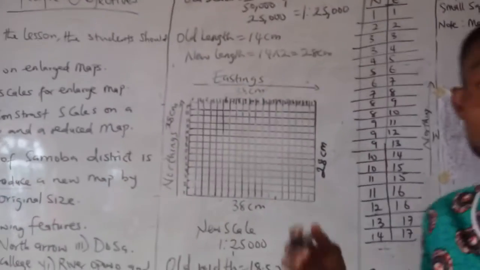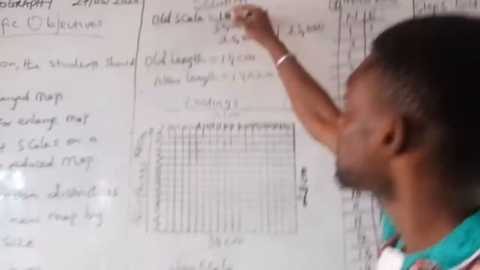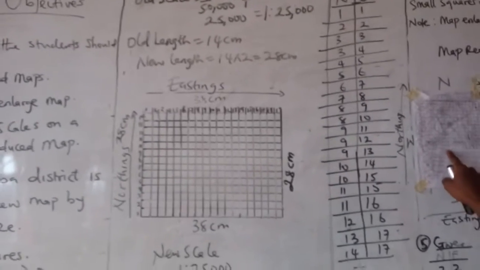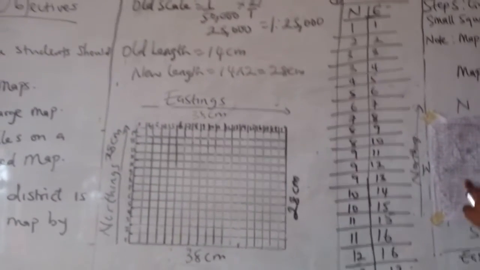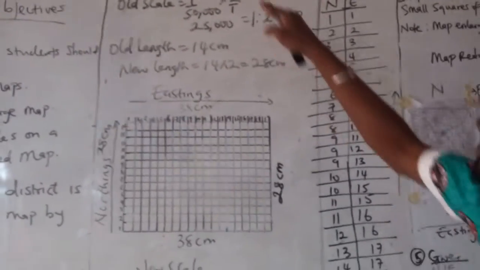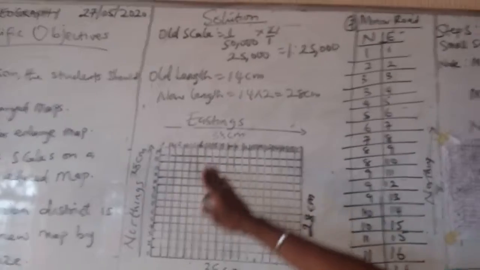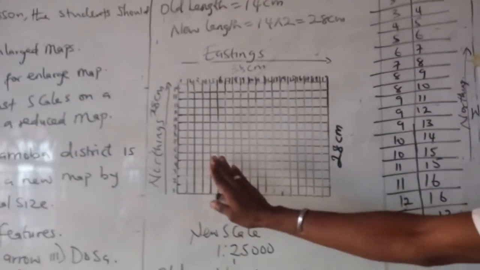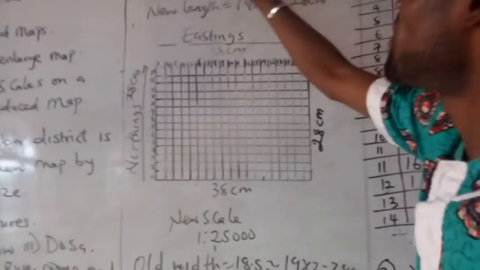Now the second step: you say 1:50,000, which is the old scale. We call it the old scale or the original map, because this is the one that we give in your work. You go home with it. Everything you are solving here is your new map. This is the one you will submit to the examiner after your exams. Now you say 1/50,000.